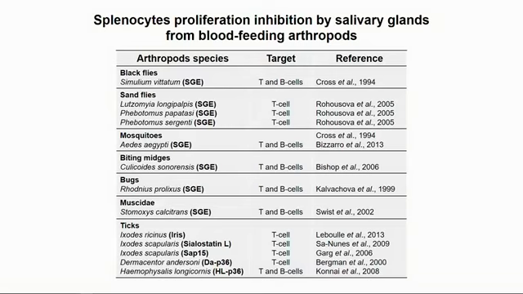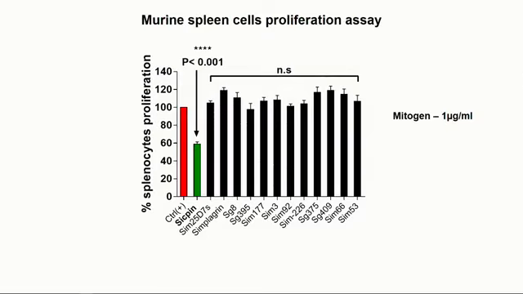What we found here is that the black fly Simulium vittatum, at least the salivary gland homogenate, has a strong inhibition of proliferation of B and T cells. So with this in mind, we went ahead and put all the recombinant proteins from Simulium guianense and Simulium nigrimanum that we have at hand.